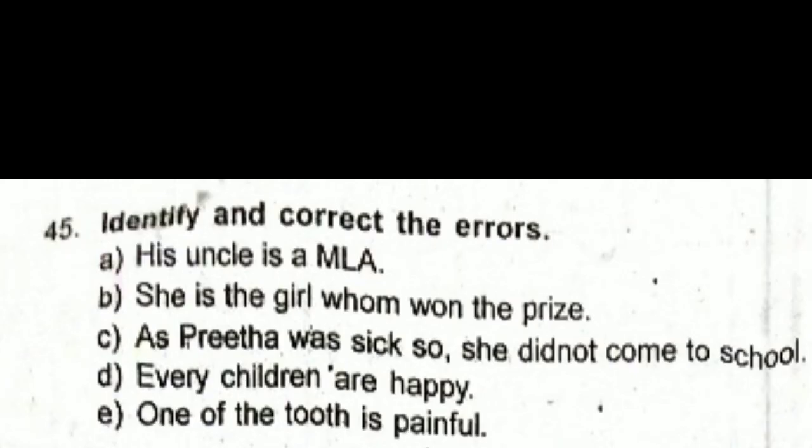Identify and correct the errors. First one, his uncle is a MLA. So answer is his uncle is an MLA. That is, for abbreviations like MLA, which are read by expansion, use an. B. She is the girl whom won the prize.